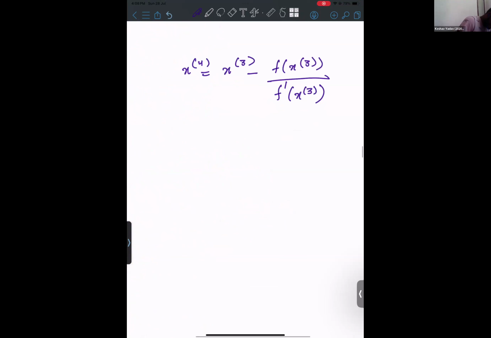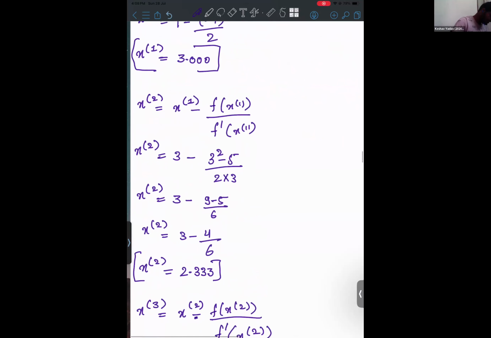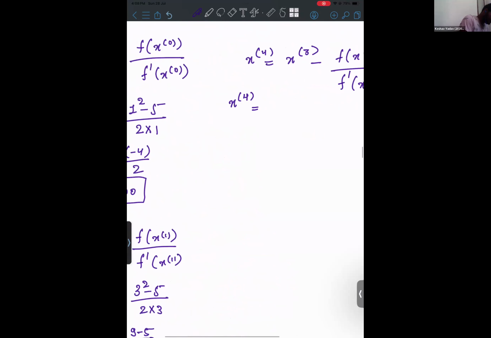So what was the value? 2.238. 2.238 square minus 5 divided by 2 multiplied by 2.238. 2.238 minus that. So it will come around 2.236.